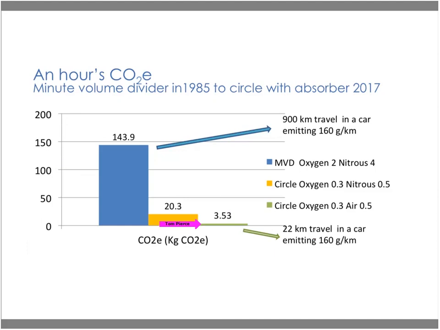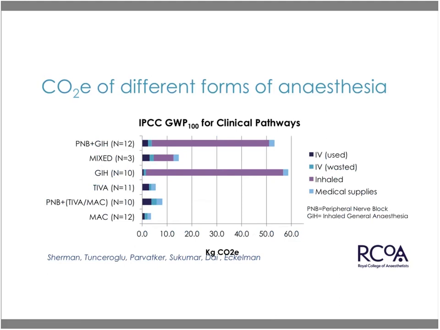Nowadays, I'm going to use a circle system. I'm going to recycle those agents. I'm going to use low flows, and I've reduced my CO2 equivalents down to 3.5 kilograms from the very high 140. So my own practice has changed over time, but that's reflecting, of course, change in the technology that we've also been able to have at our disposal.